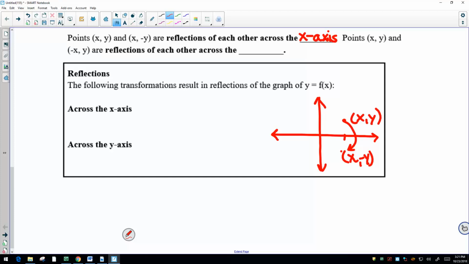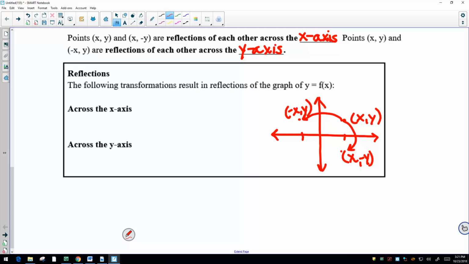If we move on, points x, y and negative x, y are reflections of each other across the y-axis. So again, if I do that same idea, but this time I'm going across the y-axis, now I have to change the direction of x. So instead of going to the positive motion, I have to go to the negative motion, negative x value, but I would be going up that same positive y value.